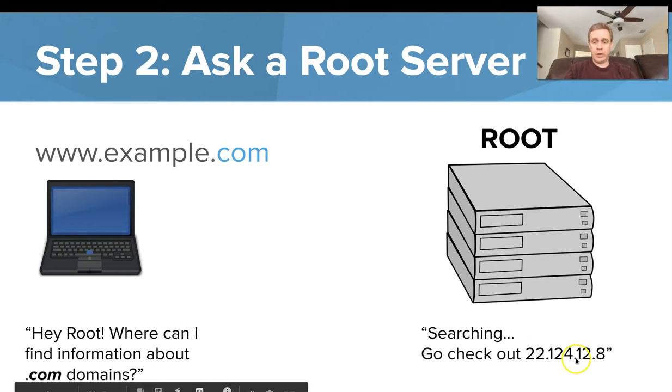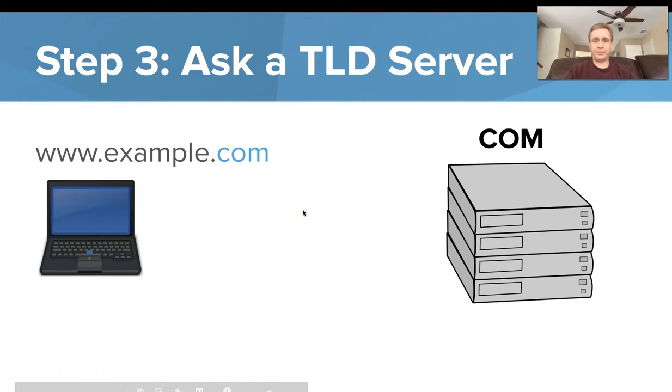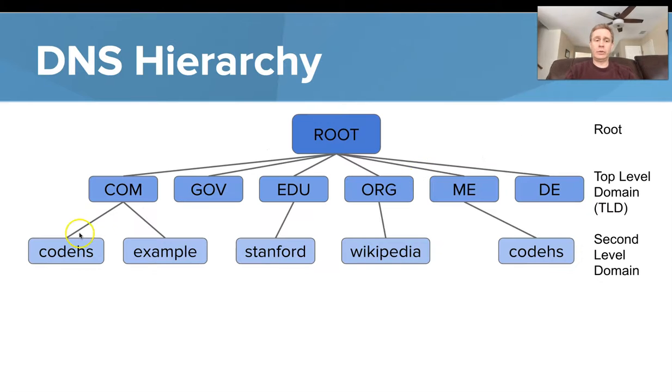So now, knowing that this is the IP address for the .com server, we go to the top-level domain server for .com, and we will ask that com server exactly where the example.com domain is located. And the thing is that that particular com server knows everything about any particular domain name that ends in .com.